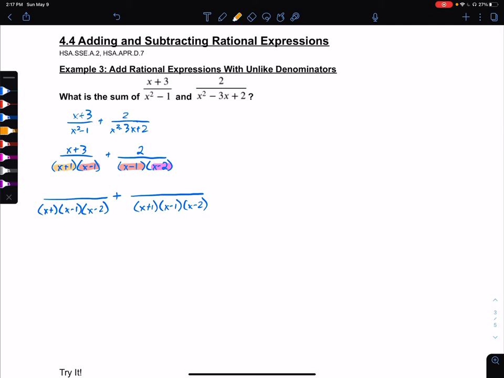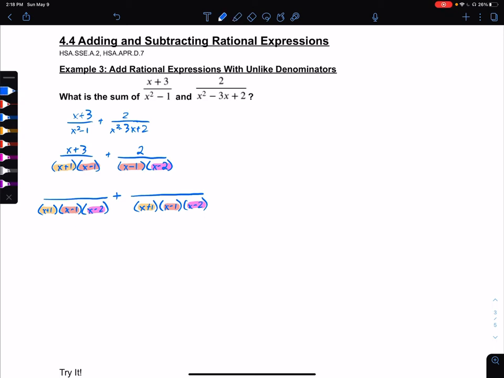Once again, we're going to color code this. Sorry, that should be an x plus 1. So with this x plus 1, we have our x minus 1, and then x minus 2. So we've accounted for all of them. We have all of our pieces from this LCM.